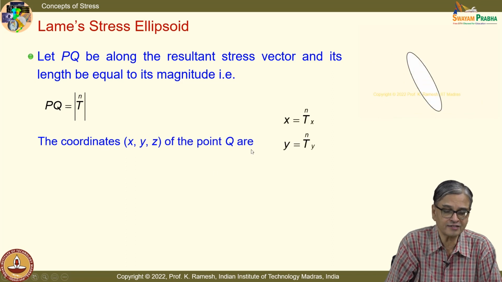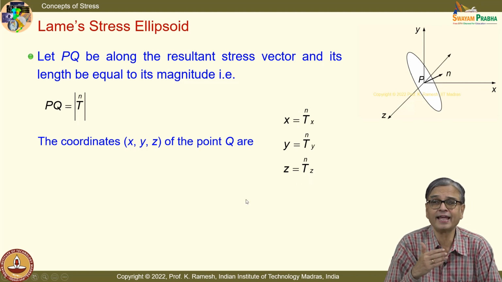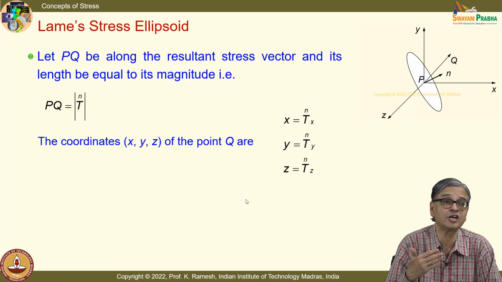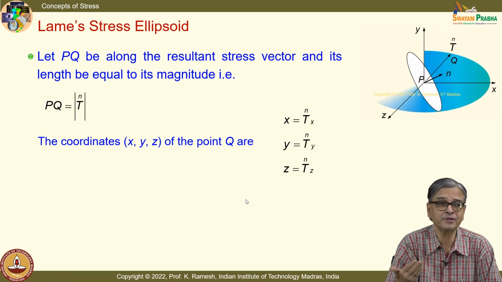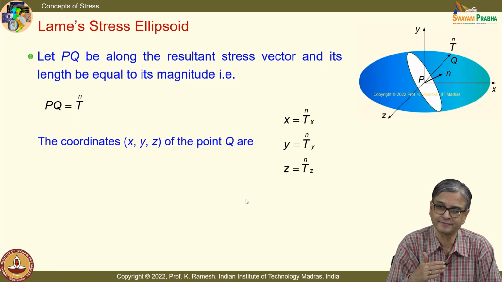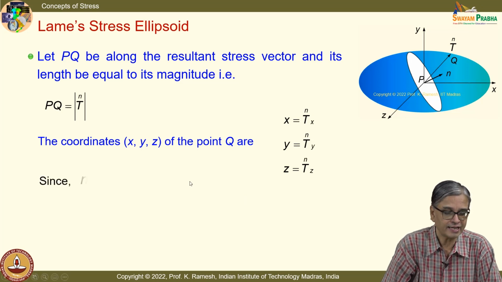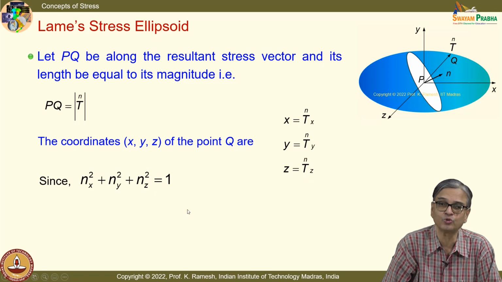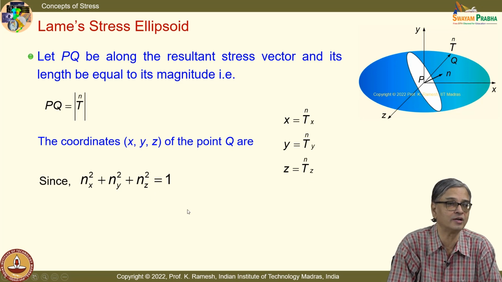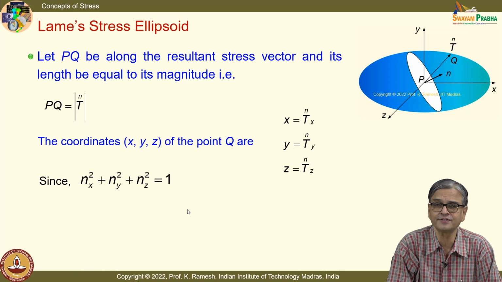The coordinates are nothing but Tnx, Tny and Tnz, and you know the expression for Tnx in terms of the principal stress and the direction cosine. And you also have an identity that nx squared plus ny squared plus nz squared equals 1, which is very well known when you look at direction cosines.